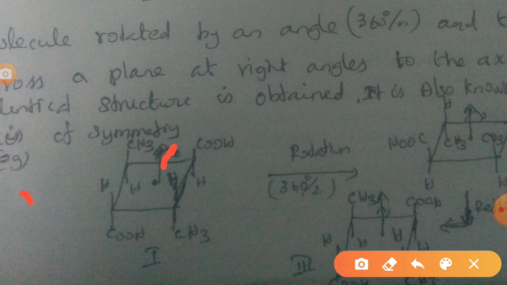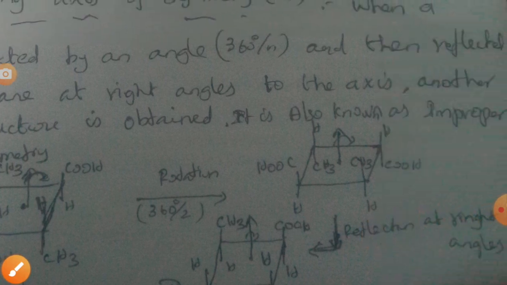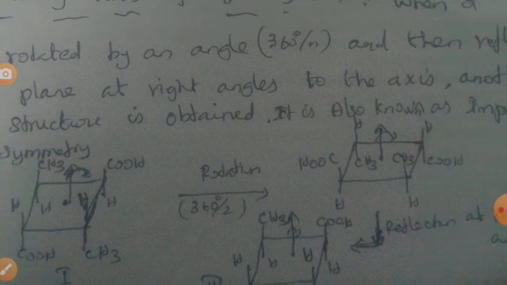So we get this appearance of the molecule. Find the difference: the CH3 comes here and this CH3 goes there, which means one CH3 is on the upside and the other is on the downside.